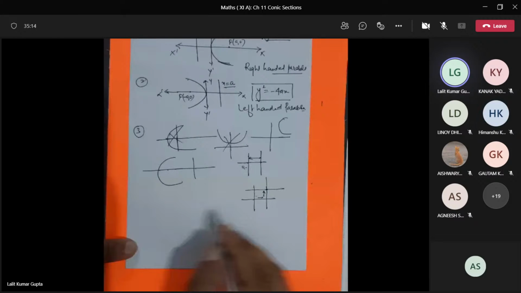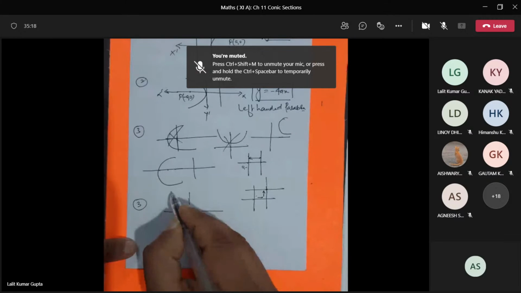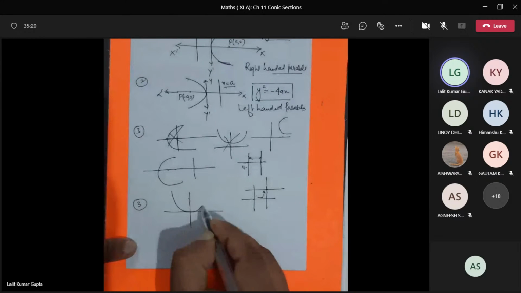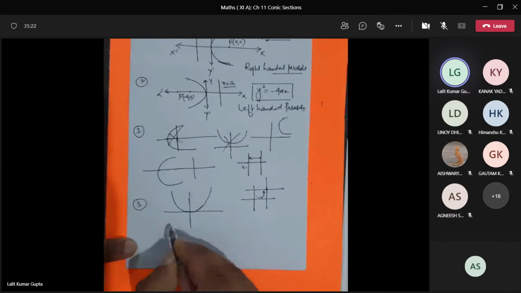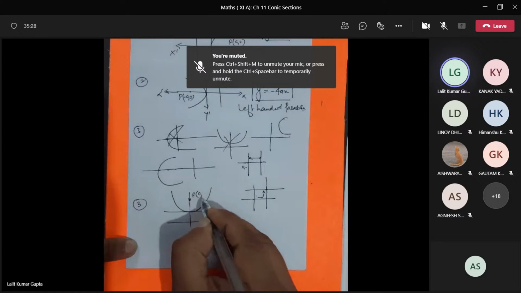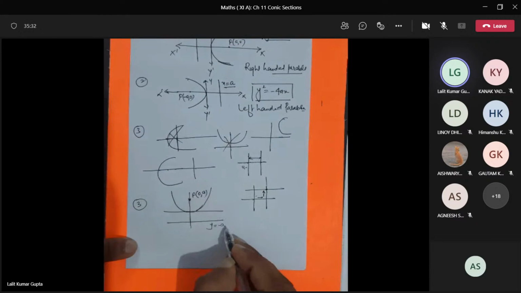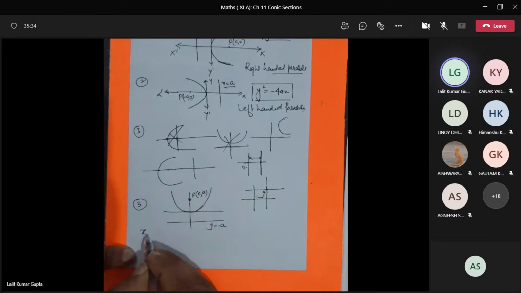Okay, let's go. Now see the third, sir. Now the third parabola is known as the upward parabola, the up side. And its fixed line is this, the fixed point is this. The coordinate of the fixed point is (0, a), and the equation of its fixed line is y equal to minus a, and the equation of this is x square equal to 4ay.